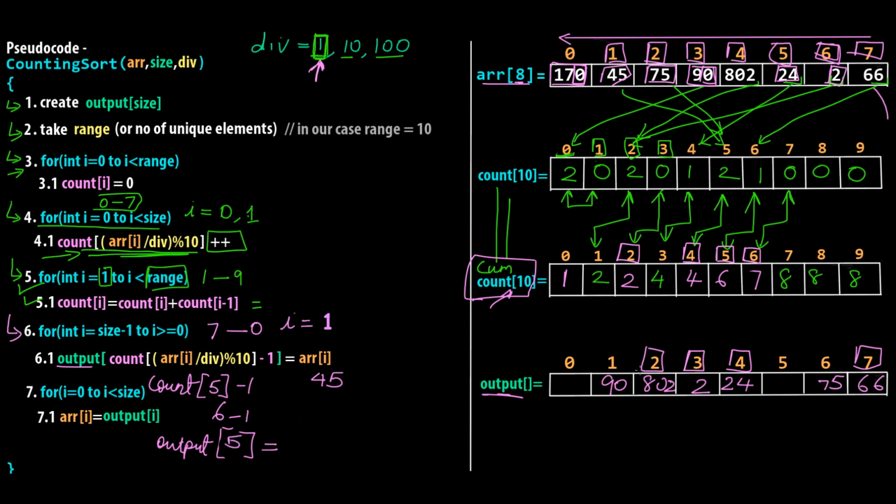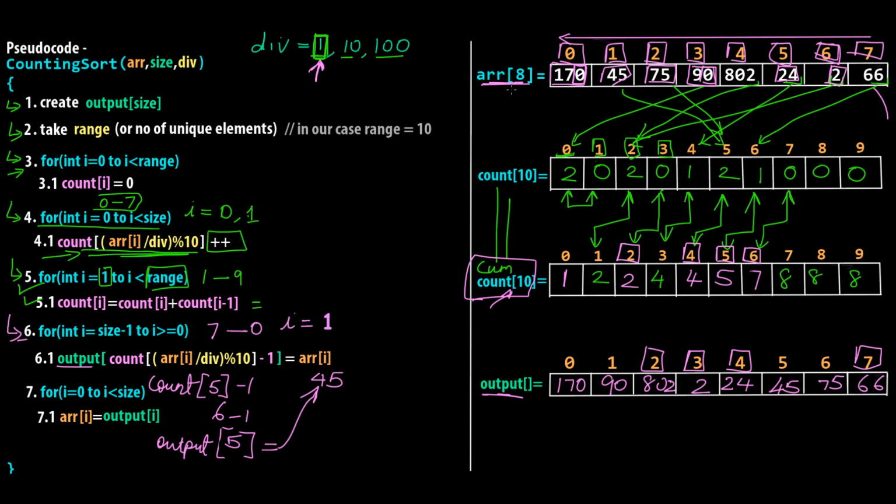So output position of 5 is where we store 45. And in the count array also it becomes 5. Right? So output of 5 is where we store 45. And lastly we come at this index position, which will obviously go in this 170. That is 0th index.